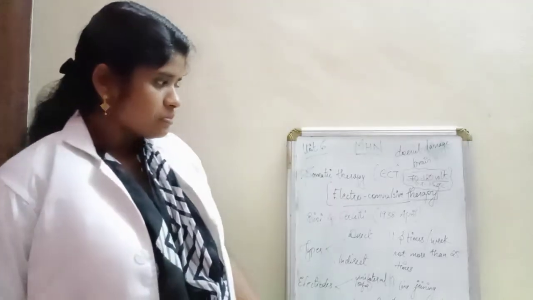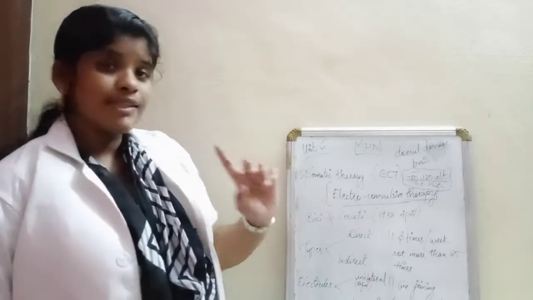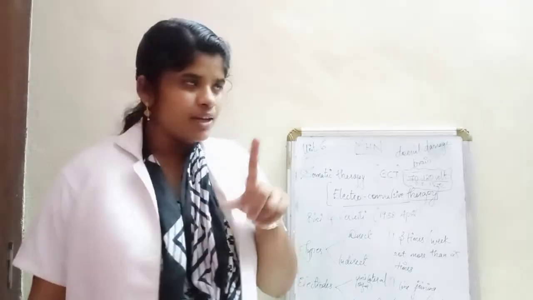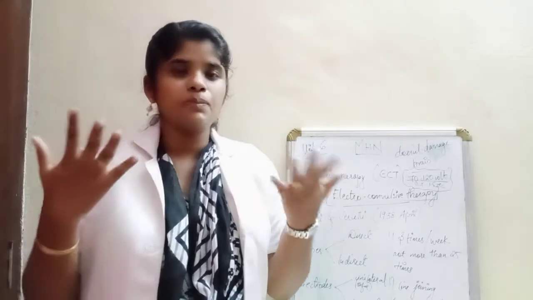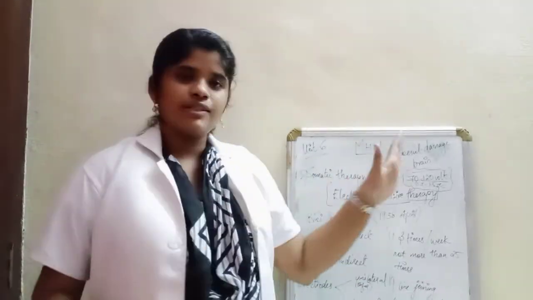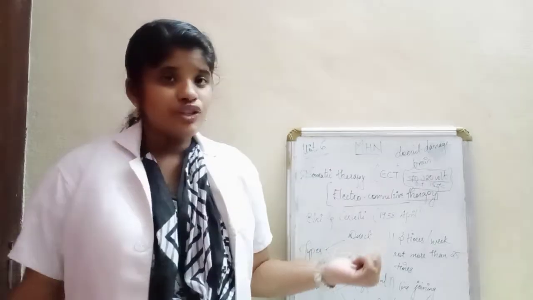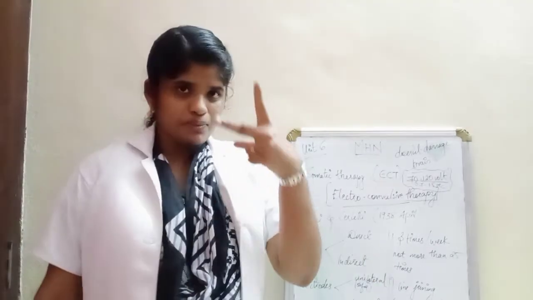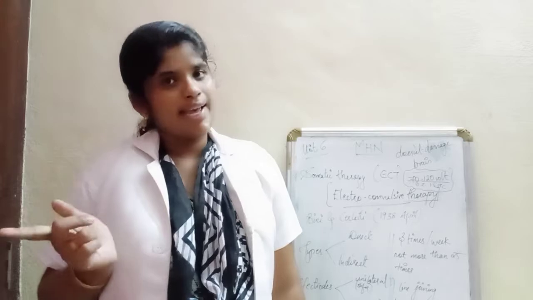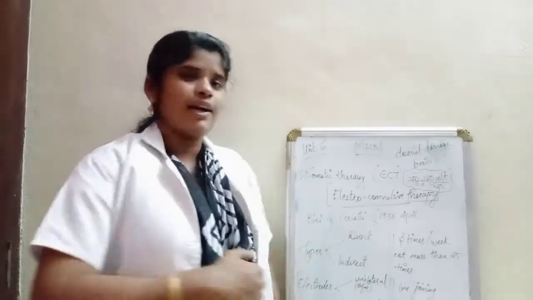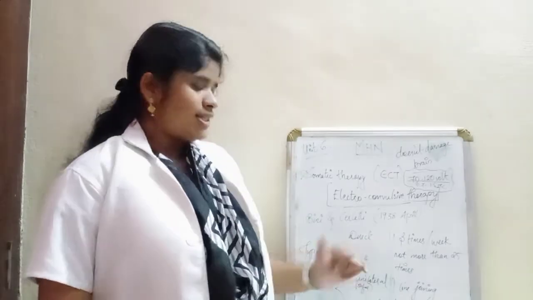Now, I said we give shock to the patient, right? Artificially giving current to the patient's brain is known as electroconvulsive therapy. Now, artificial induction of current is of two types: direct and indirect. Indirect is also called modified. What is direct?